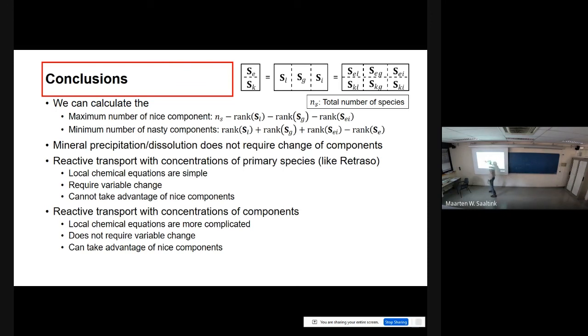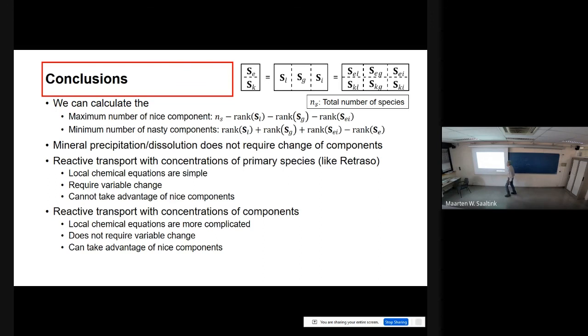And just to say that mineral precipitation and dissolution doesn't require a change of components, but if you use this species, it does imply a radical change.